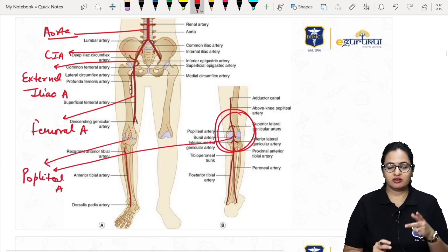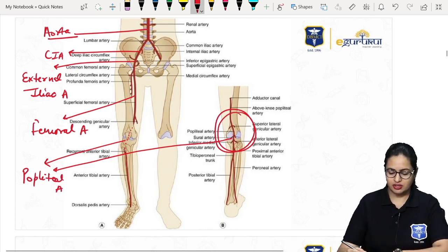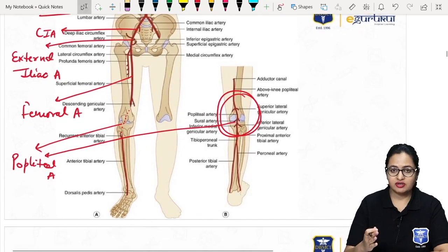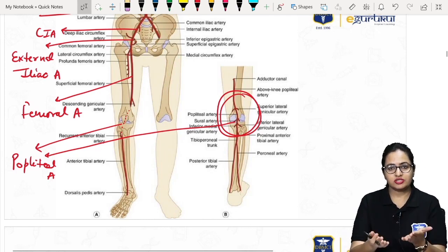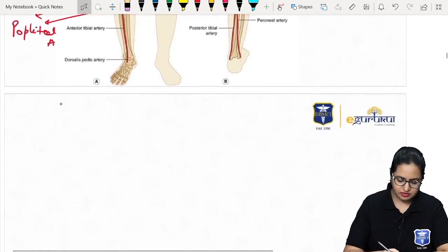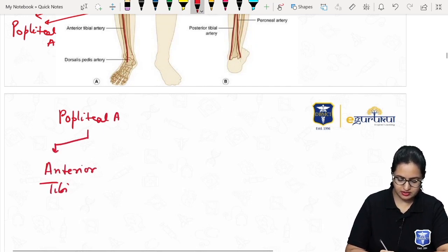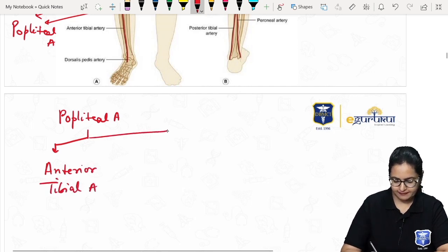Now the popliteal artery divides into two. It divides into anterior tibial and the posterior tibial artery. The posterior tibial artery remains towards the posterior compartment of the leg, and the anterior tibial artery goes towards the anterior compartment of the leg. So the popliteal artery divides into anterior tibial artery as well as posterior tibial artery.